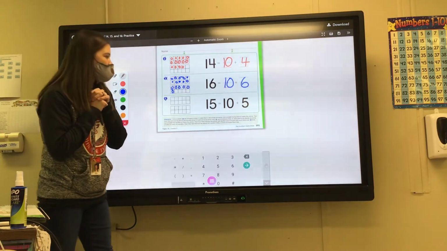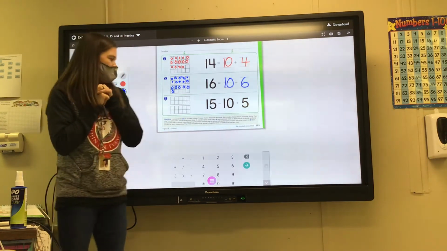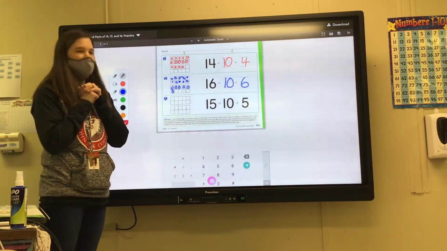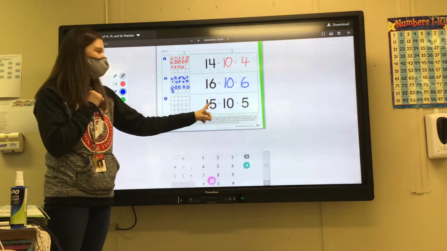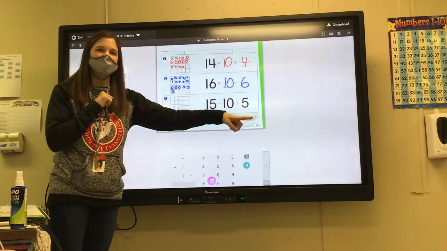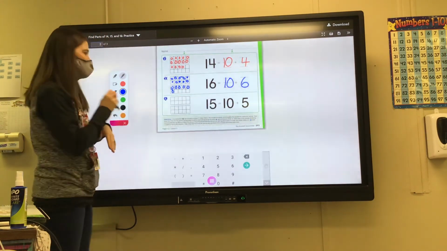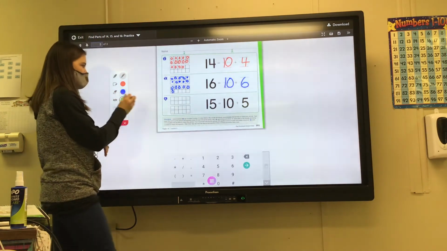Look at number 4. We're going to draw counters to match the picture. So if the equation says 15 equals 10 plus 5, Avery, how many counters are we going to put in the top 10 frame? 10.